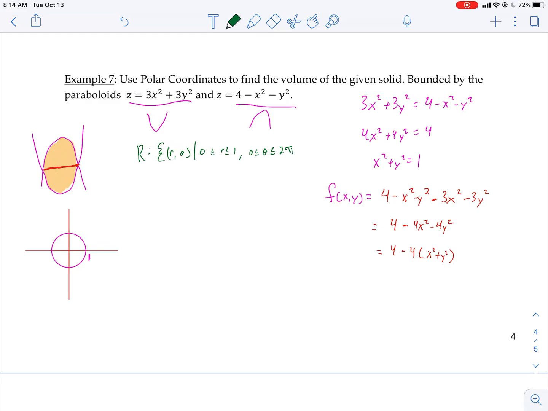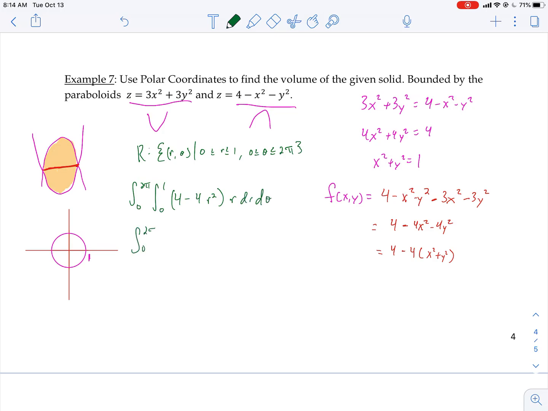And then again, we're doing top minus bottom. So our integral is going to go from 0 to 2 pi, 0 to 1, and then we have our function 4 minus 4. Instead of saying x squared plus y squared, we can say r squared.